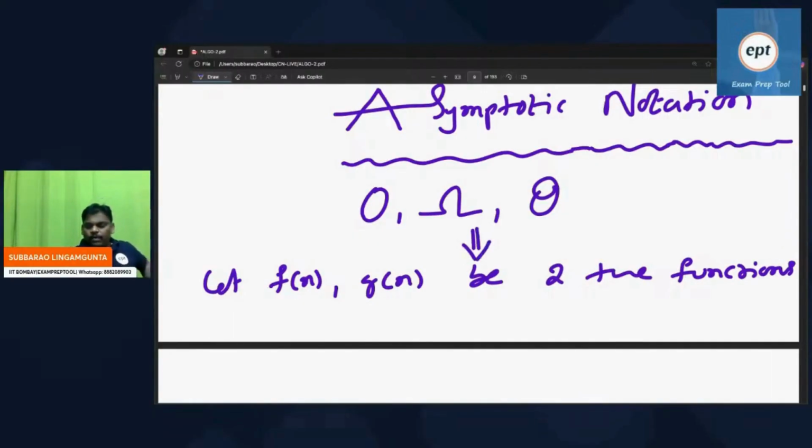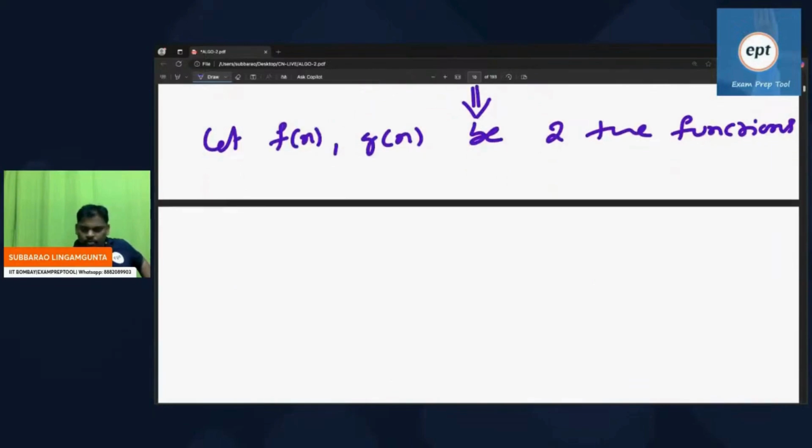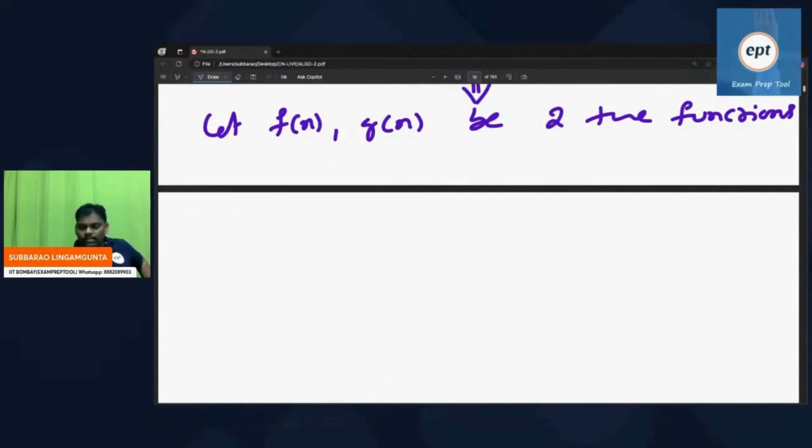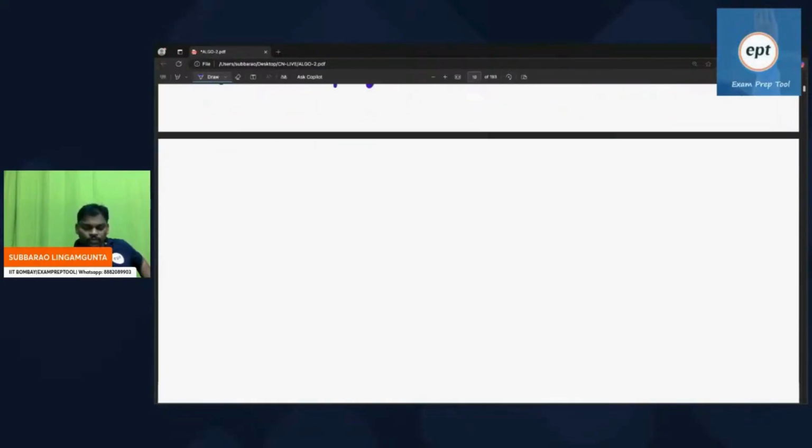So this is the major line: two positive functions. We are discussing positive functions only.